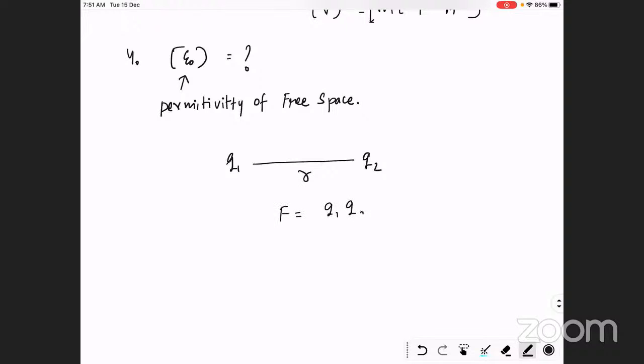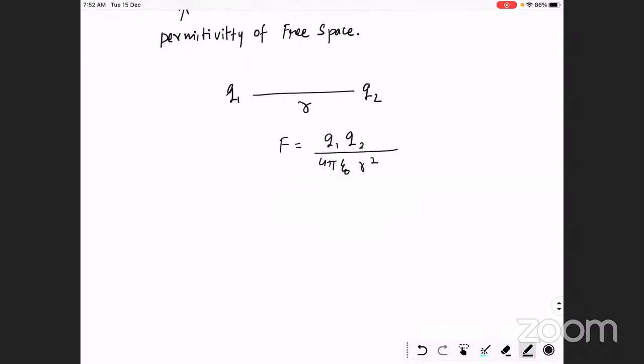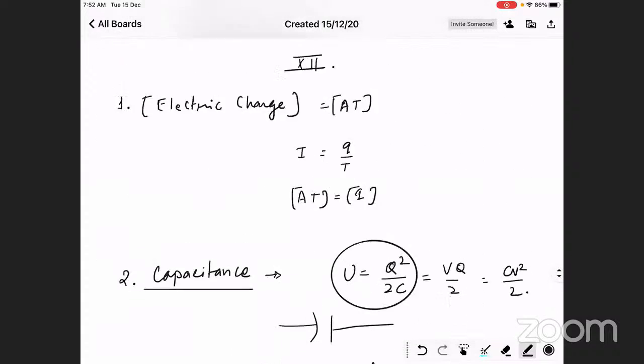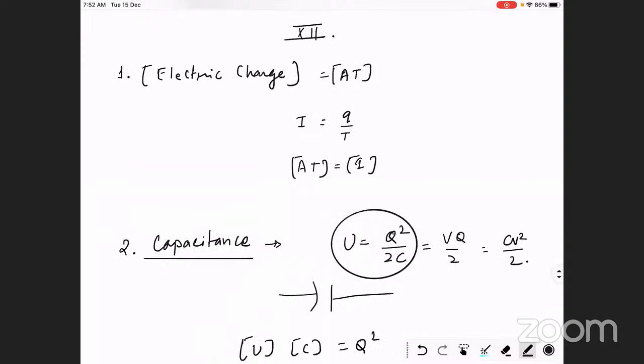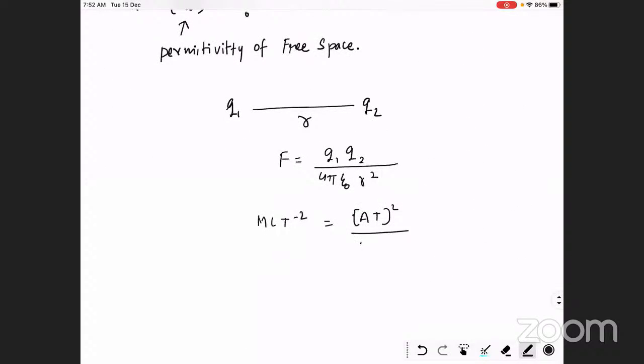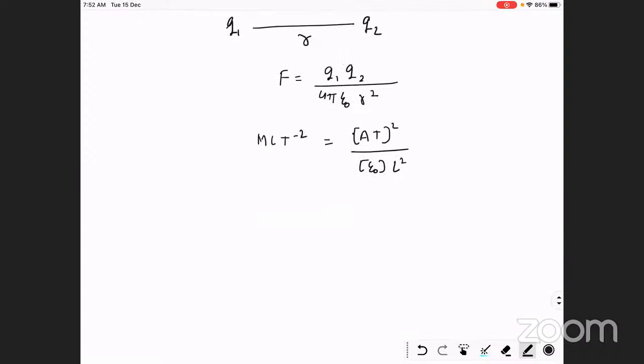Not K. Use F equals Q1 Q2 by 4 pi epsilon naught R square. 4 pi is a dimensionless constant, okay? At the place of force, you can write MLT minus 2. Q1, Q2: for charge, we can use AT, so AT, AT, two times. Epsilon, we don't have a dimensional formula. R square is L square and 4 pi is a dimensionless constant. You can ignore 4 pi. Why are we ignoring 4 pi?